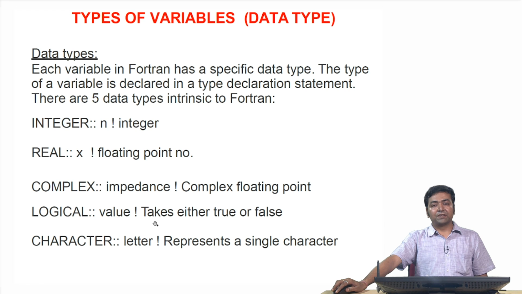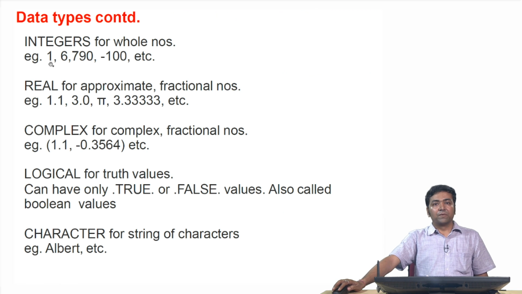And if it just takes a logical value, that is whether a statement is true or false, then it is indicated by the logical Fortran keyword, and you can also store characters, which is denoted by the character keyword.